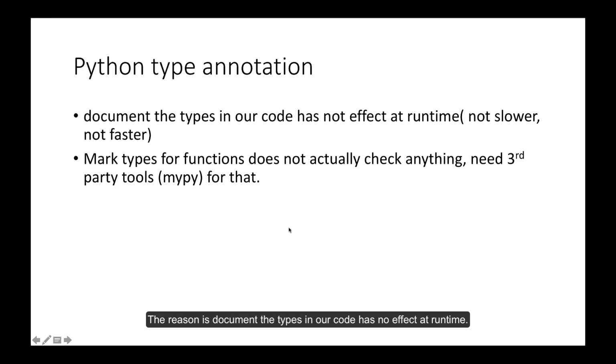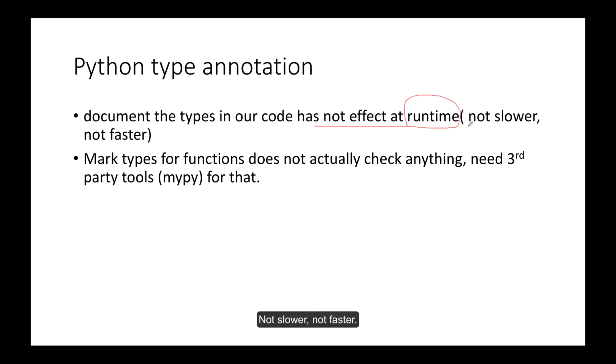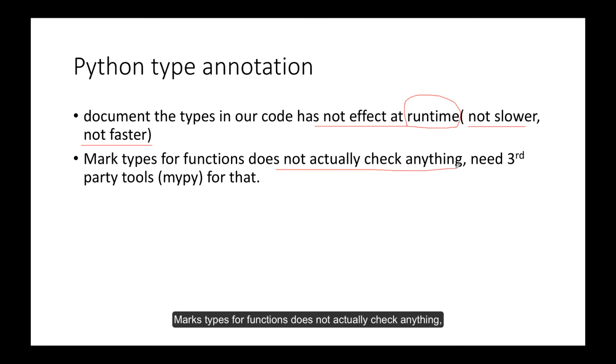The reason is that documenting the types in our code has no effect at runtime, not slower, not faster. Marking types for functions does not actually check anything. We need third-party tools like MyPy for that. We will talk about these tools in later lectures.